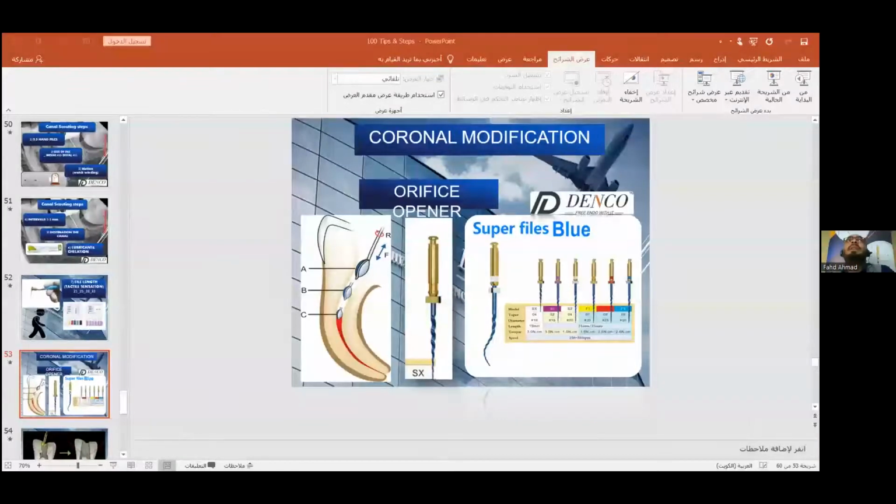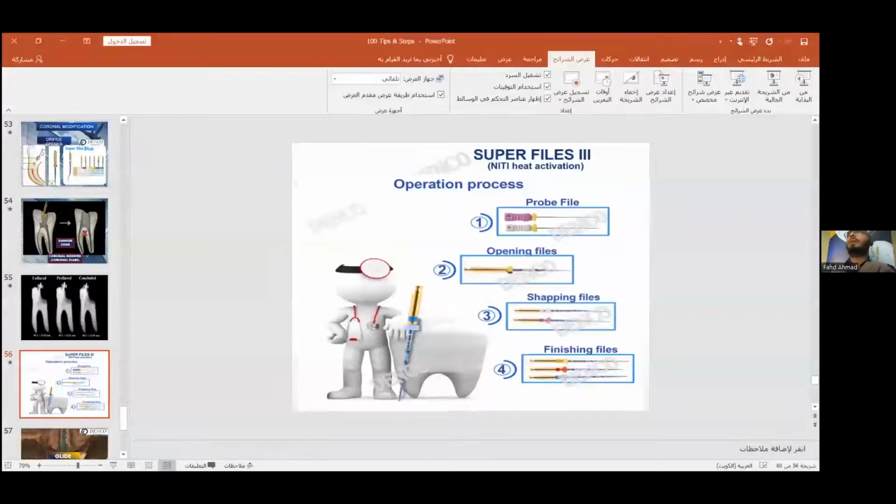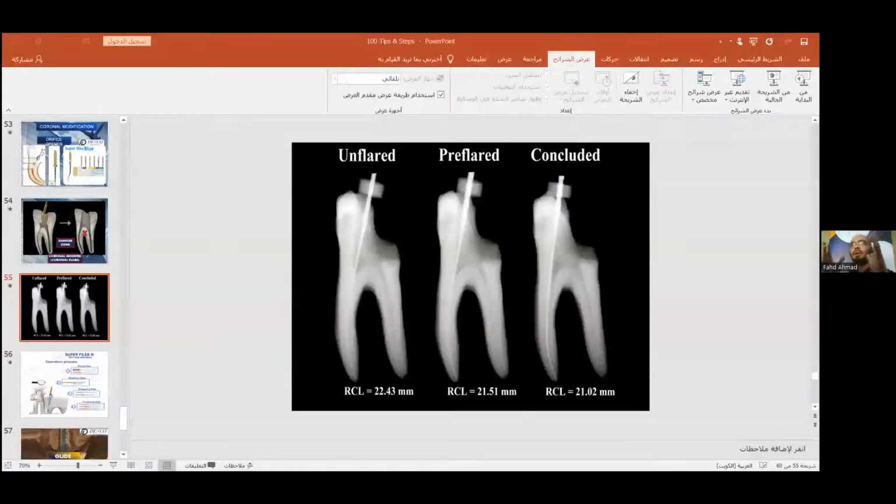It's high flexibility. Here we are, unflared, prepared, and concluded. You see this? This is very important to know. It makes it easier in straight canals.